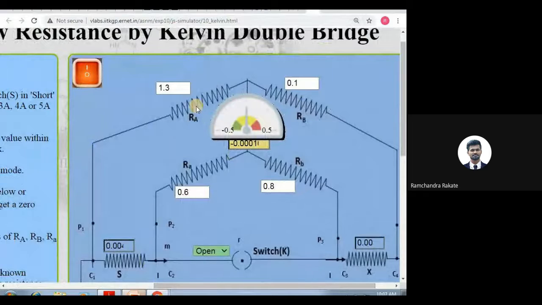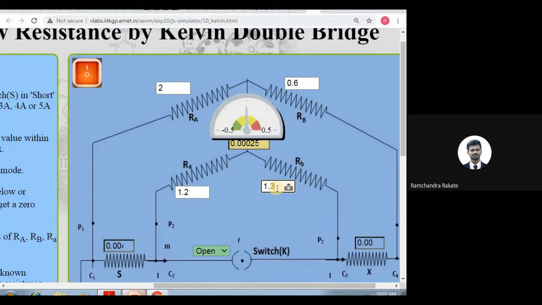So let us start varying. I'm switching it from 1.4, 1.7, 1.8. You can observe here, now it is in negative reading. Yes, now it is in positive state. Just check here, if we vary RB, there is a sudden change.